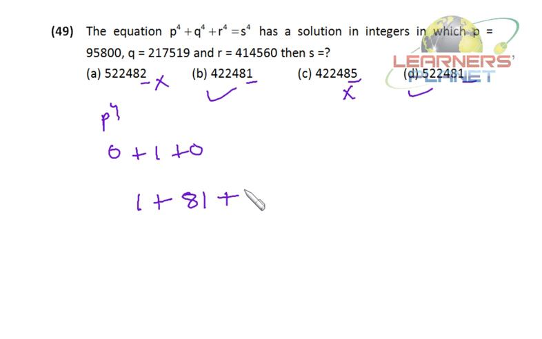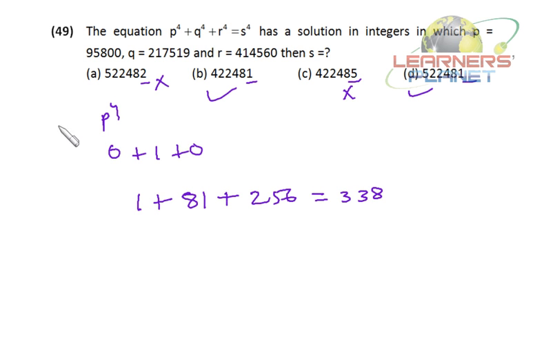Then R raised to 4. Here I have given a very high approximation, so I just reduce the approximation over here, or I just approximate this number to the lower side. So I just make it 4 lakh. So 4 raised to 4, that is 16 squared, is 256.